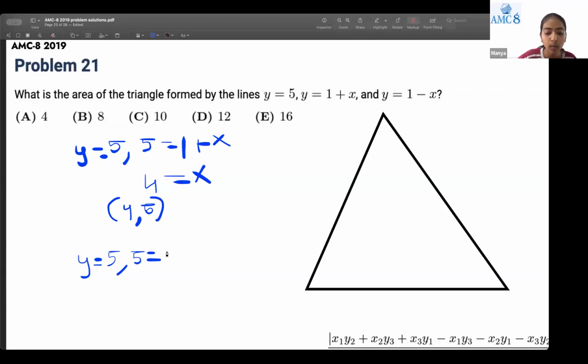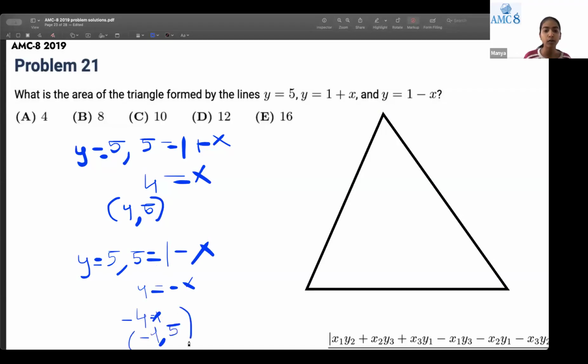So y equals 1 minus x. So then 4 equals negative x. So then that will be equal to times negative 1 times negative 1, so it will be equal to negative 4 is equal to x. So then our next coordinate will be equal to negative 4, 5.